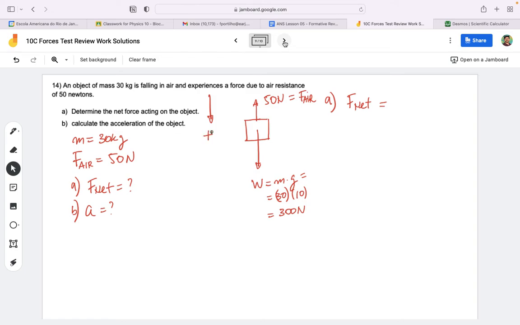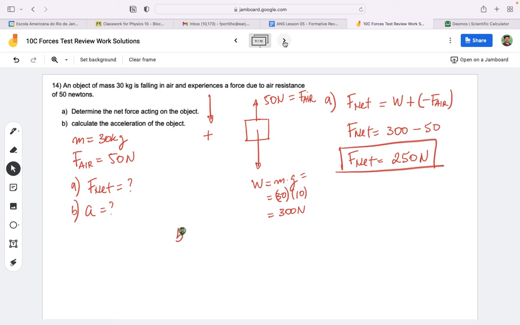So everything pointing down will be positive. Then we have the weight being positive, and air friction being negative. Simplifying this, we end up with 300 minus 50. So the net force acting on the object is 250 newtons.